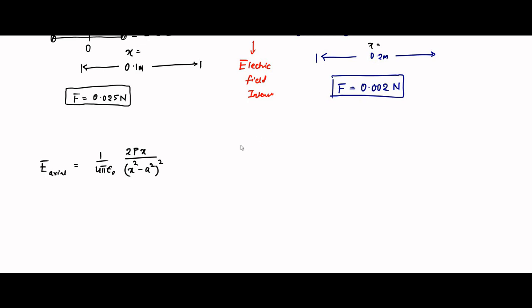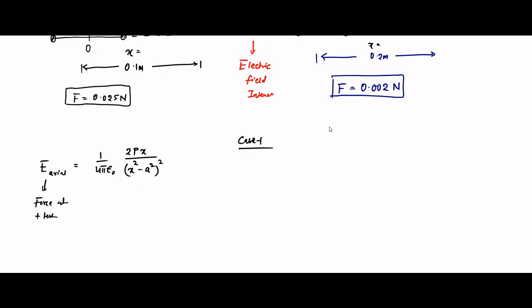For the first case, the axial line electric field is equal to the force acting on the unit positive test charge.